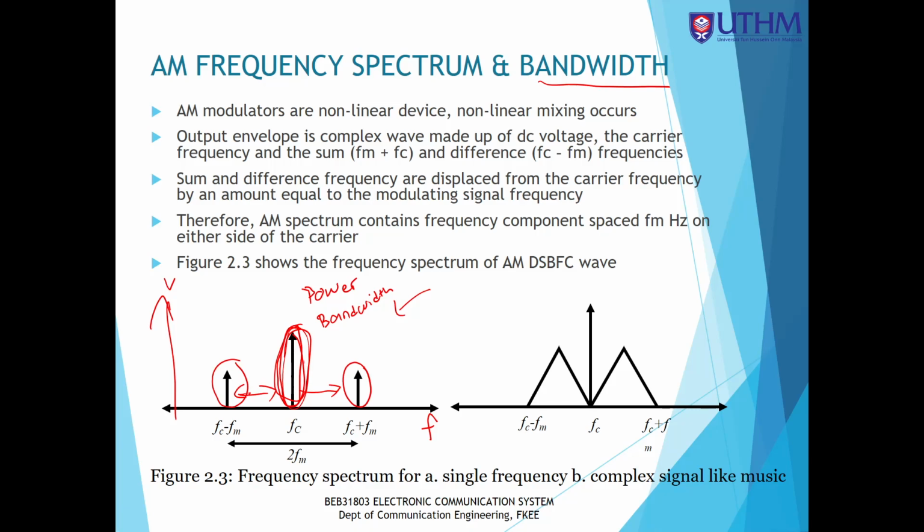Later you're going to see double sideband full carrier can be improved with other AM family members, like reduced carrier, suppressed carrier, single sideband and others, to improve both of these. We're going to see about that later.